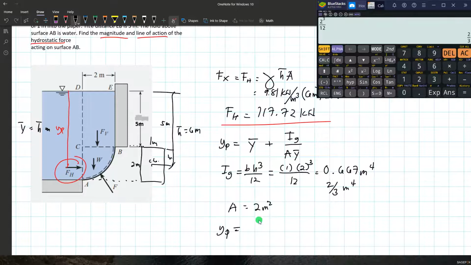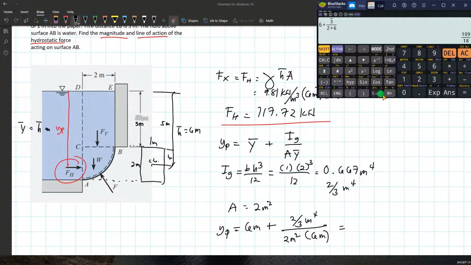We can now locate the horizontal force. Y_P is y-bar, 6 meters, plus I_G, that's 2/3 meter raised to 4, over area, that's 2 square meters, times y-bar, 6 meters. So let's directly compute this: 6 plus 2/3 over 2 times 6.